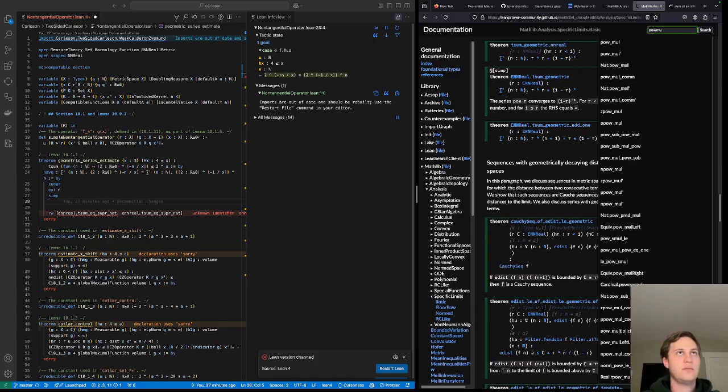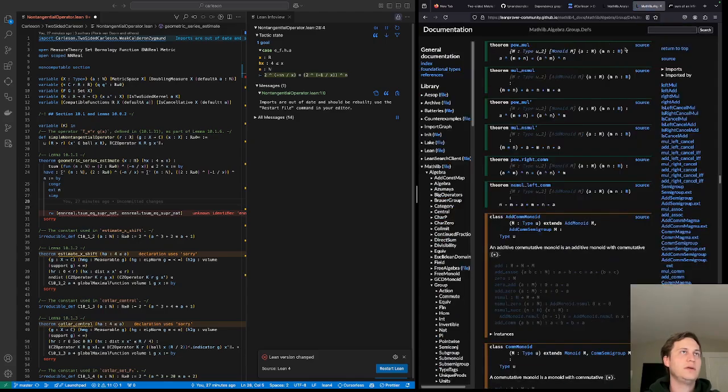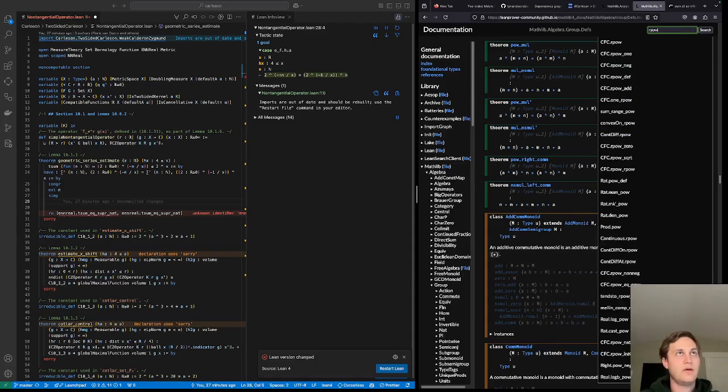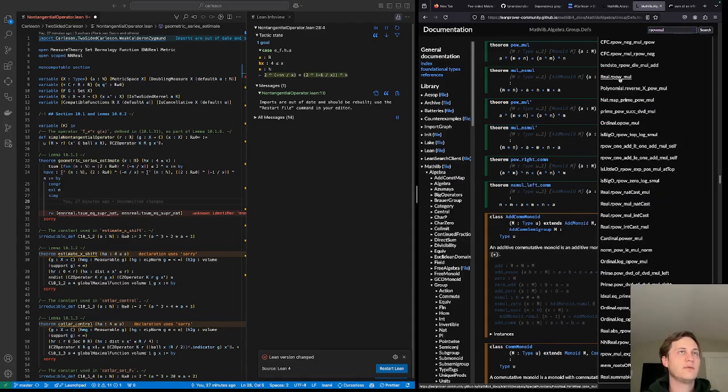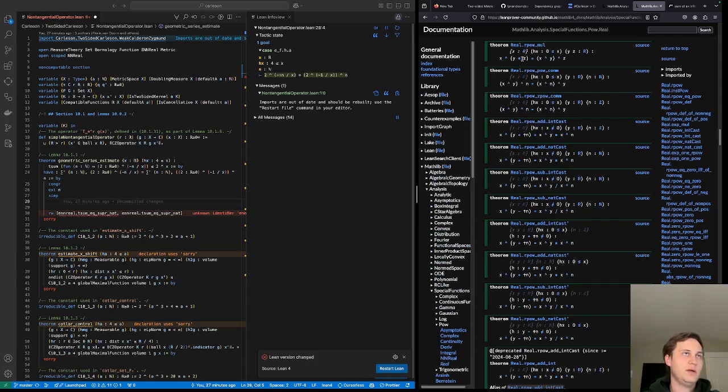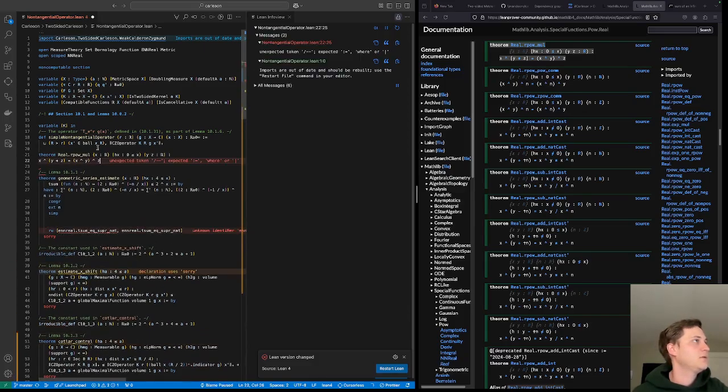Mul. Problem is that it's rpow mul. Yes, but these are when they're both rpow. Real rpow mul. Yes. But the remaining question is, what about when z is a natural number? It seems like a good candidate for library search, perhaps.